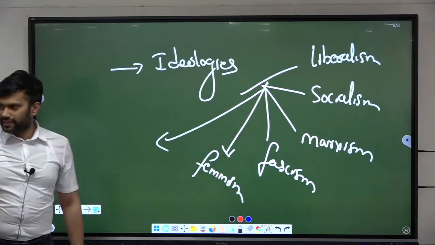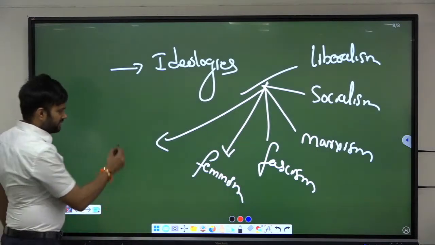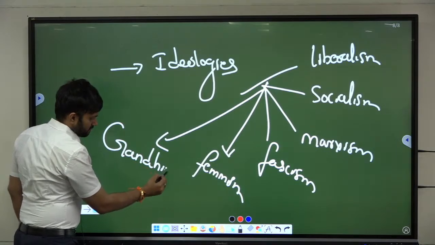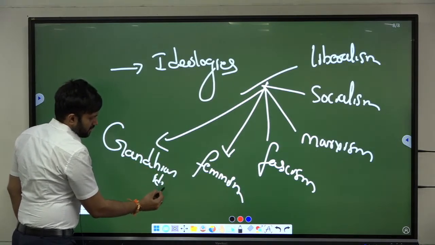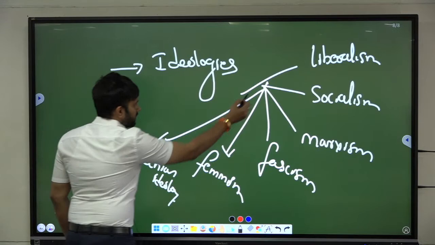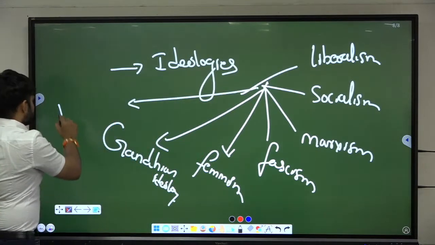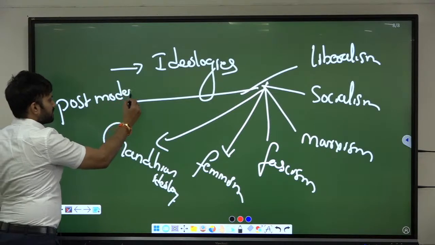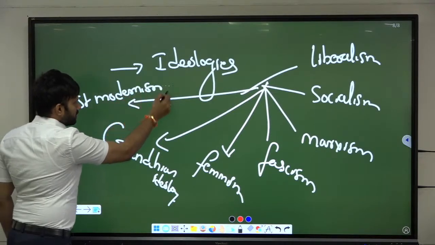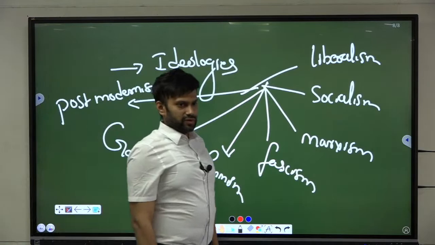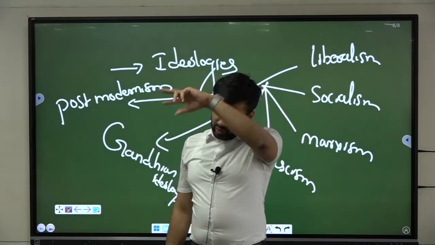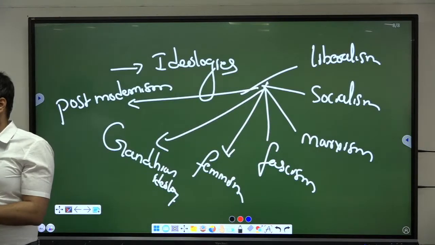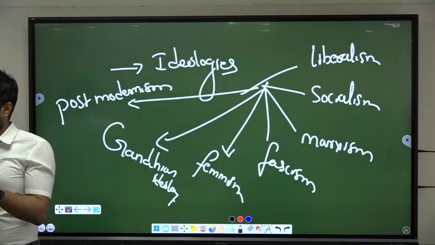The ideas of Gandhi have been grouped as an ideology called Gandhian ideology. Then you have post-modernism. If you look at two ideologies, Marxism and Gandhism, they have been named after a person because their influence was more.